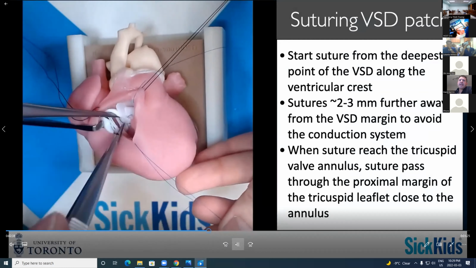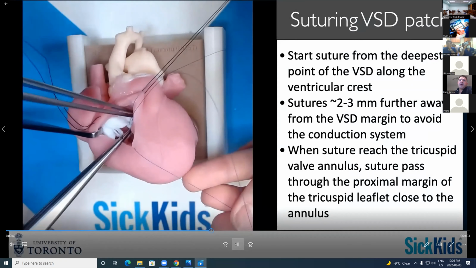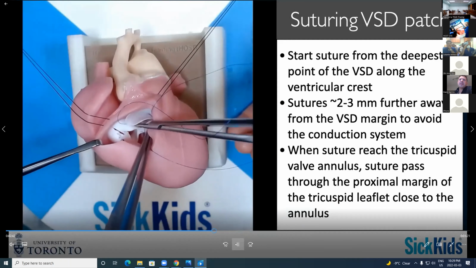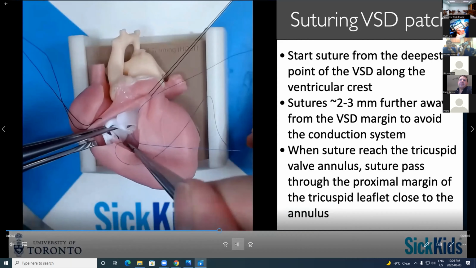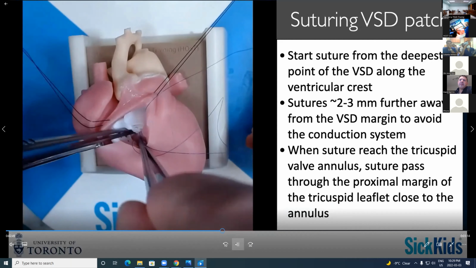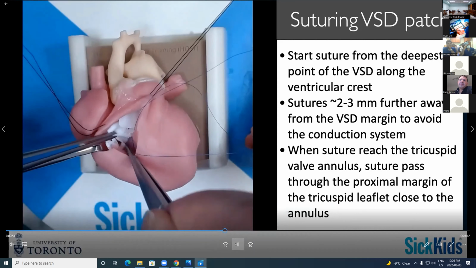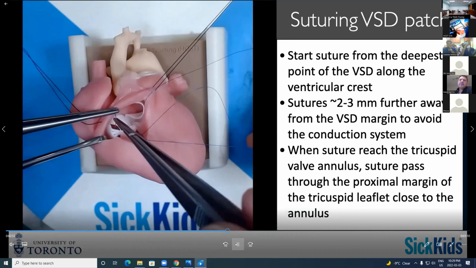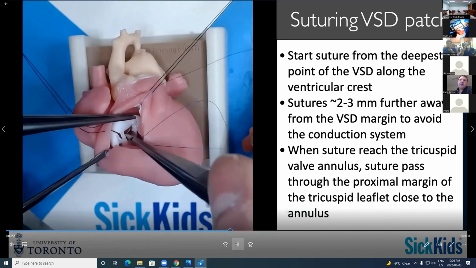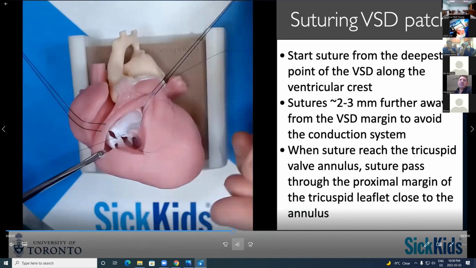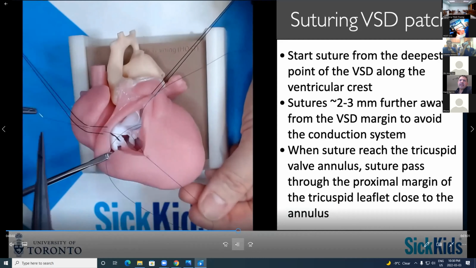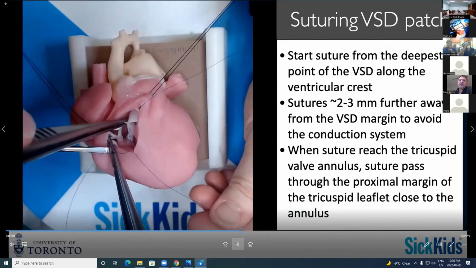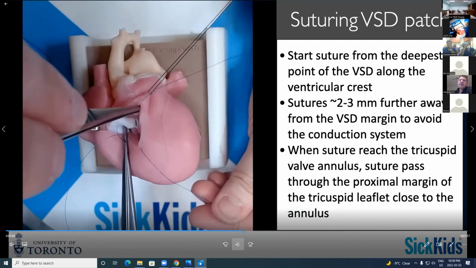Once you get to the papillary muscle, we start to step away from the margin of the VSD, just feeding the suture back and forward underneath the papillary muscle. And once we get to the tricuspid valve itself, the sutures go through the annulus of the tricuspid valve, just picking up valve tissue.